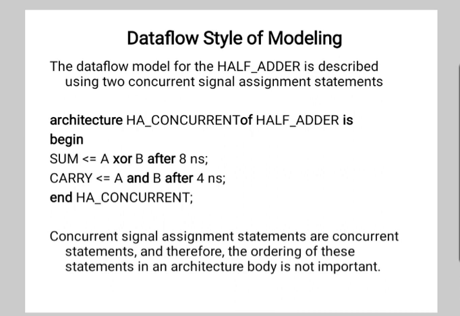Here the architecture for the half adder is given using concurrent signal assignment statements. These are concurrent statements, and therefore the ordering of the statements in an architecture body is not important.